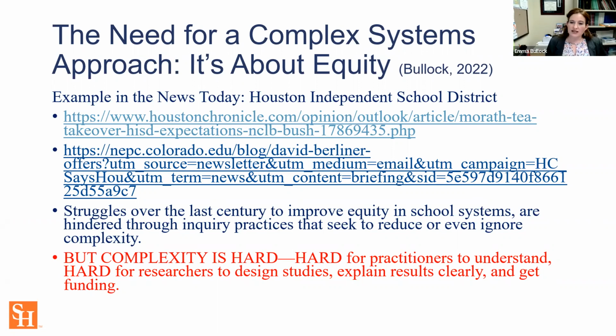So if we really want a complexity lens to be able to advance and get out there so that people embrace that lens, which I think is an equity issue, we need to have ways to justify why we need this lens versus another lens, and why we need to engage in this super hard work. So I'm going to try to make a case for how we can do that at the outset of a study when we're designing it.